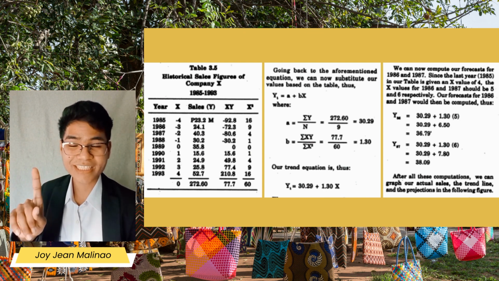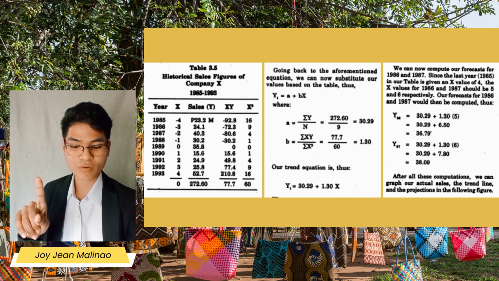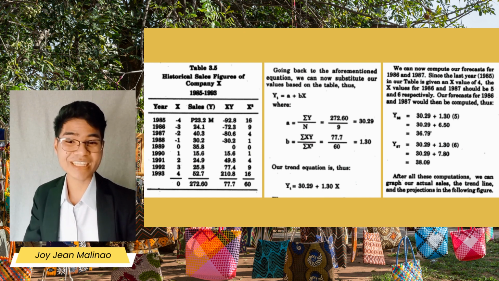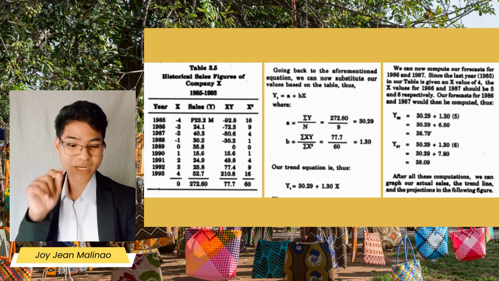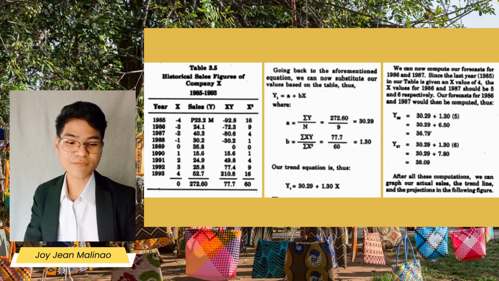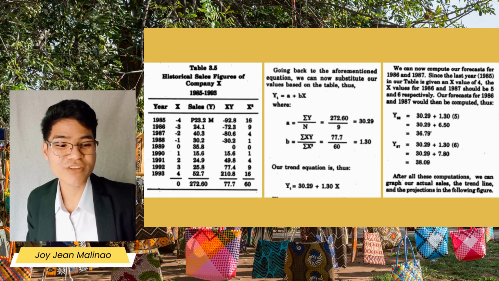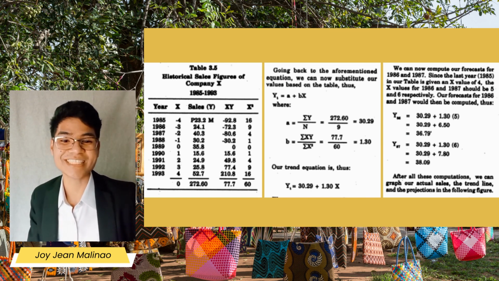Y86 equals 30.29, the value of A, plus 1.30, the value of B, times 5. That 5 is the value for 1986. And of course, the result will be 36.79. The 36.79 is the sale in 1986, and let's proceed to 1987.